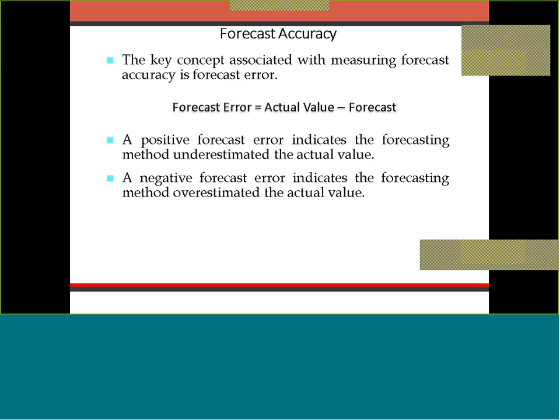A positive forecast error indicates the forecasting method underestimated the actual value, and a negative forecast error indicates the forecasting method overestimated the actual value. The outline of this slide is that you are going to calculate forecast error for the available or past data, and based on this you can discuss the accuracy of your method.